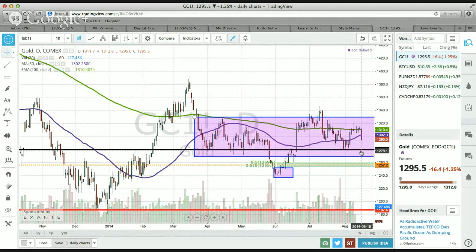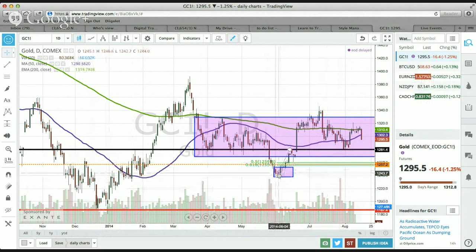I do think, though, ultimately that gold is pretty close to taking off. I don't see any of the fundamental factors that have caused this rally over the past 10 years to be any different. So anticipating a breakout, I don't think we'll see 1240 again, and I really don't think we'll see 1180 again.